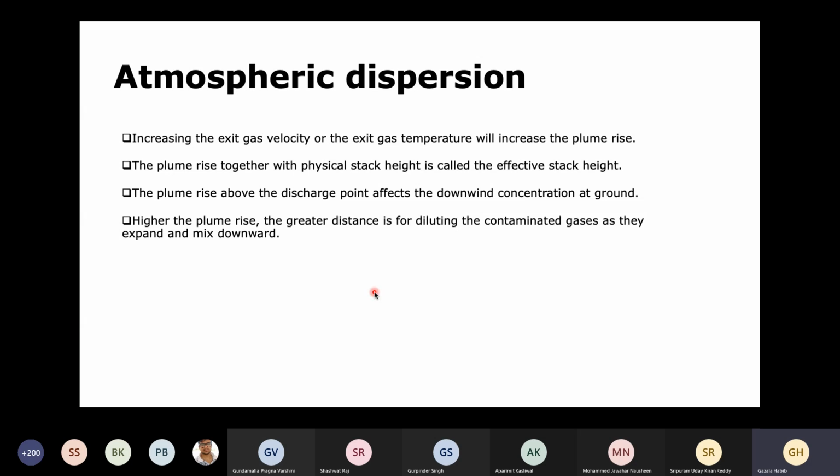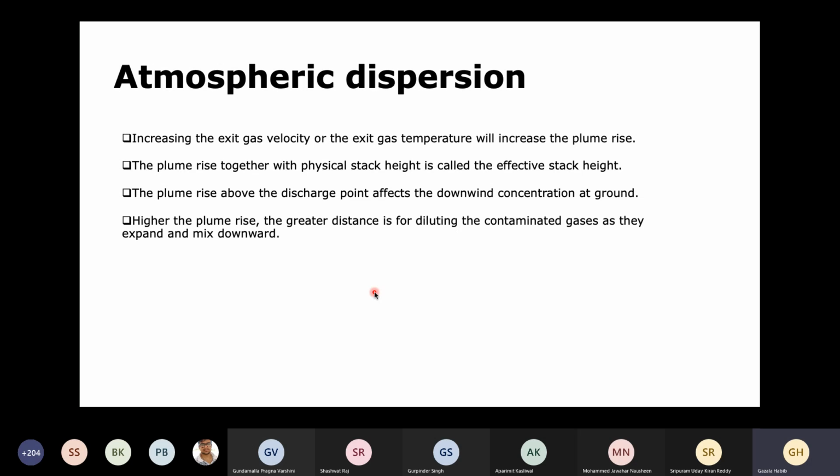So in that case, the plume from the brick kiln will rise to a lower height compared to the power plant. So all these factors which are related to the combustion process, fuel type, etc. in the industry also affect the plume rise and therefore their downwind concentration at ground.